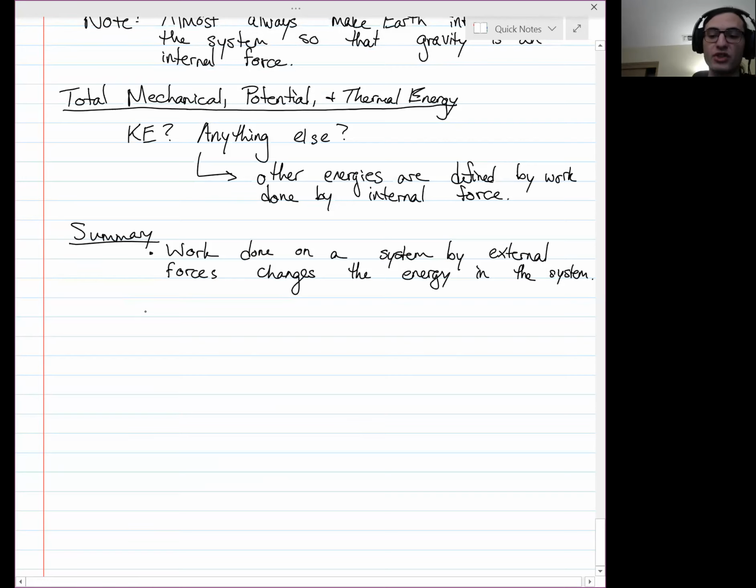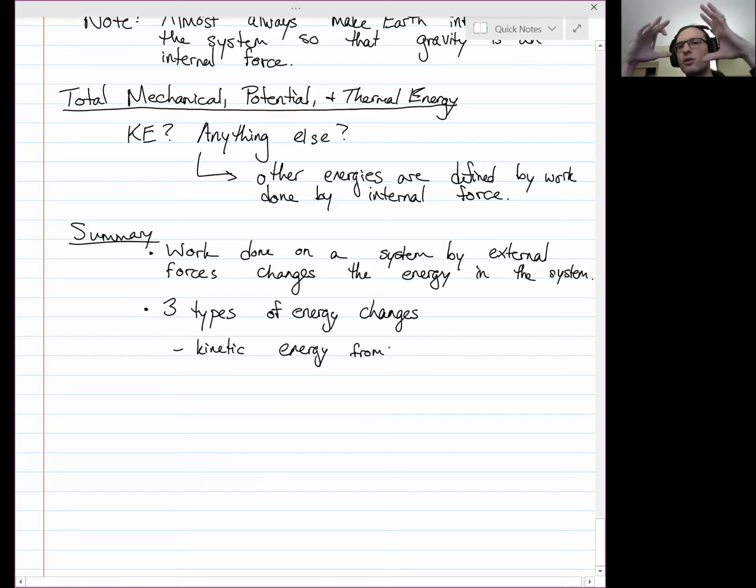There are three types of energy changes that can occur within a system. So one is kinetic energy. This is from motion of objects in the system.